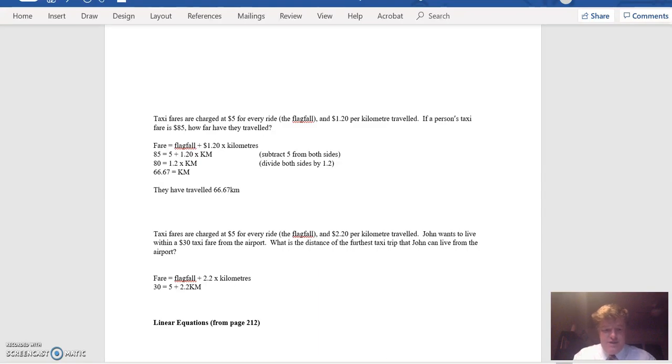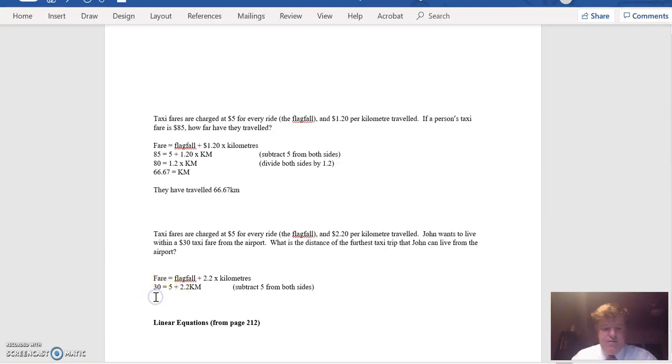So let's solve this equation that we've set up. The first thing we want to do is get the kilometres by themselves. So we can subtract 5 from both sides, because that's going to get rid of that plus 5.